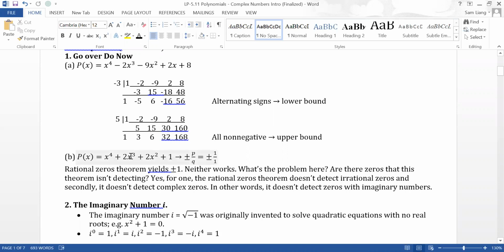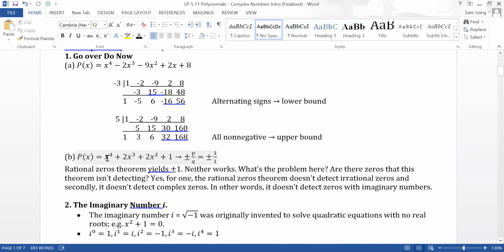If you plug this in, neither of them are going to work. Neither of them are going to be 0. And you can actually tell that without even evaluating. You plug in 1, and you're going to get a positive number, because you have x to the fourth. And then for -1, I guess you would have to check because this would lead to a negative number. But you'll see that that does not work either. Let me just confirm that.